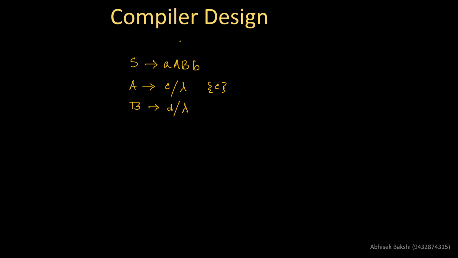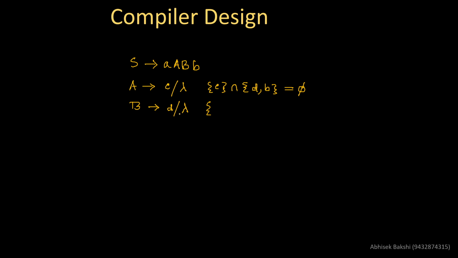In this total grammar, follow of A means first of B. And first of B can be small d. If the first of B is lambda, then follow of A will become small b. That means it can be small b. And you see c, if you intersect with this, I will get it equal to null.